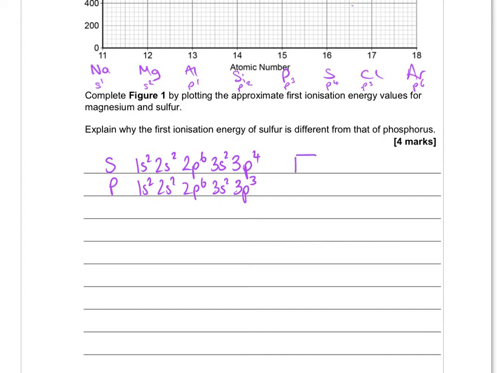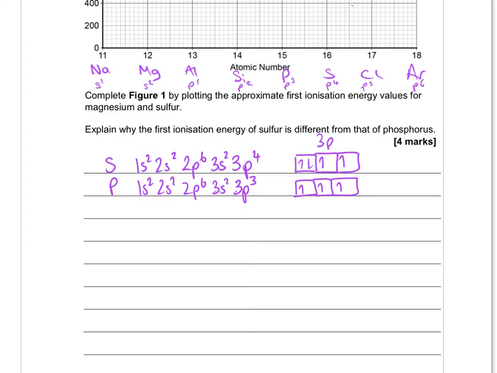So what's going on is we've got our orbitals. So if this is the 3p, for this one, they've all got their own orbitals. For this one, the fourth one is going to have to share. So it's going to mean there's a slight drop. You've got to be able to put that into words.